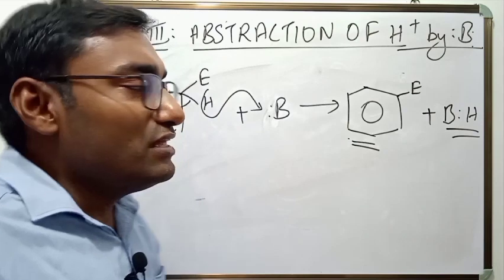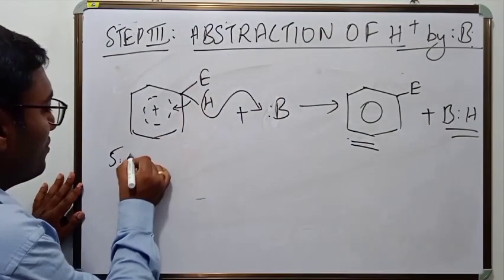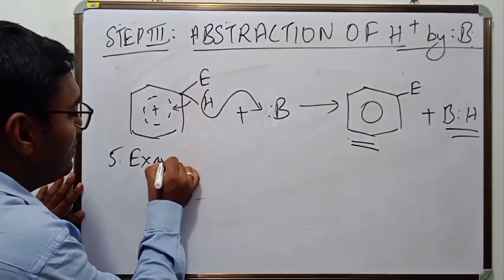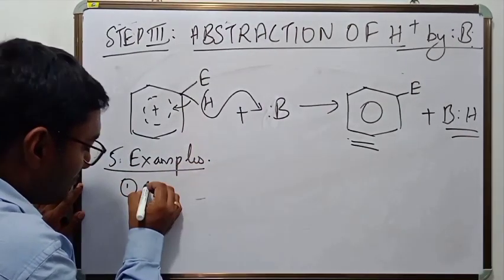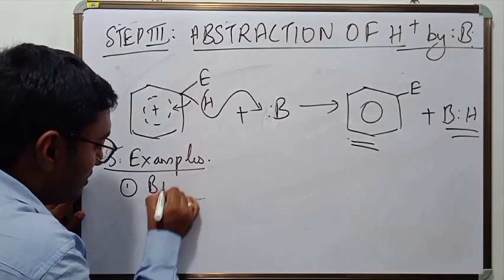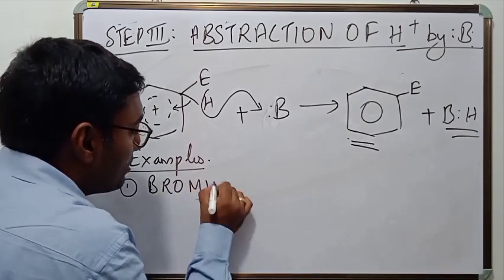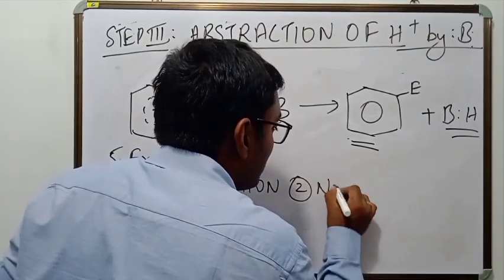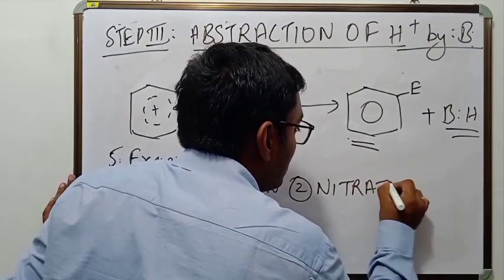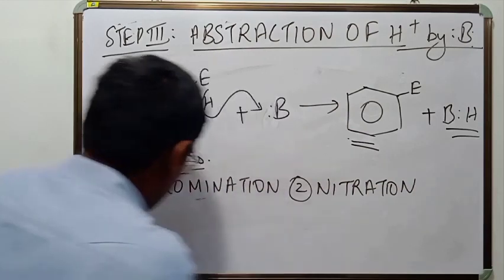What are the examples? There are 5 examples of such reactions which we study. Number 1 is bromination. Number 2 is nitration. Number 3 is sulfonation.